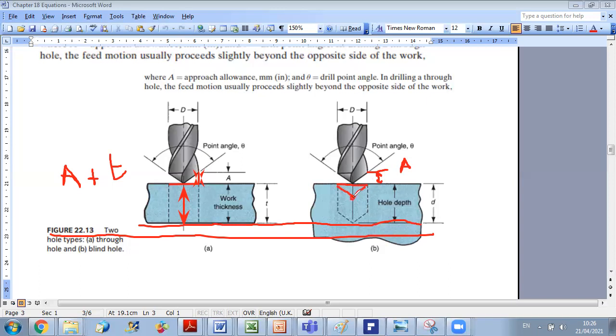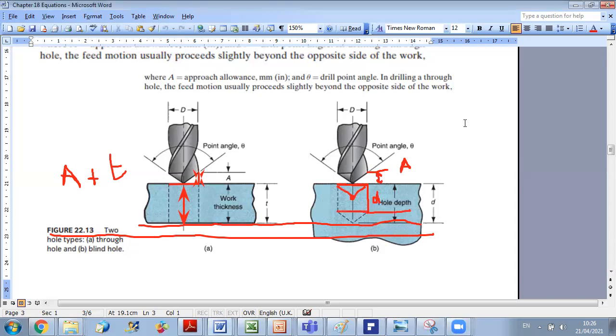So now, in order to finalize the operation, we should move this distance. Okay, distance D is from, if you want, the top to the full diameter of the hole. So this is the full diameter of the hole. This is D. So we should advance a distance A plus D. So just pay attention to this figure. D is until this level. Okay.